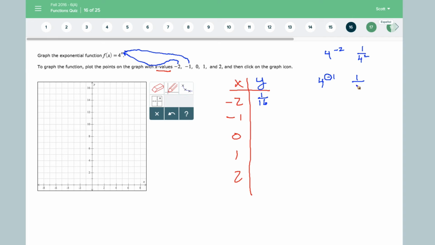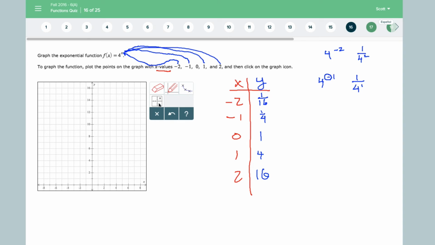So it becomes 1 over 4 to the 1 power, which is 1 over 4. Anything raised to the 0 power is 1. Let's do a 1. 4 to the 1 power is 4. Now let's do a 2. 4 squared is 16. Okay, so now we have all that we need.